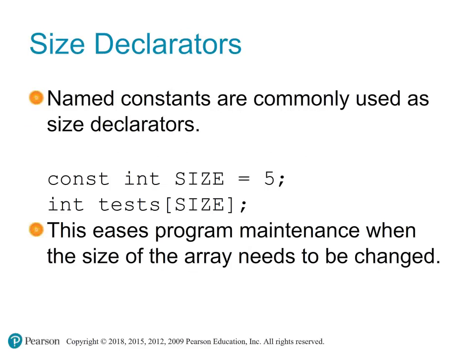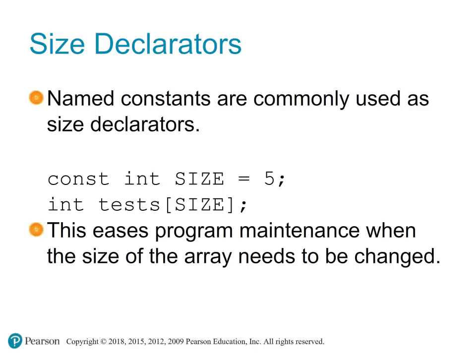Named constants are constants that are given a name for better code readability and maintainability. You can define a named constant using the const keyword followed by the data type and then the constant name.